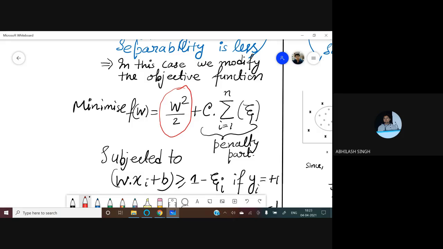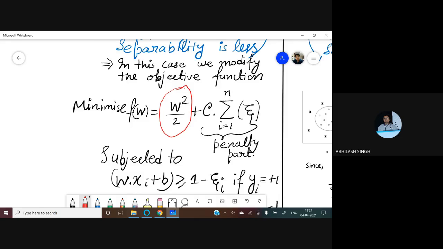So what we do here is we use C as a multiplier, and we use the concept of the slack variable zeta. What zeta will do is put a relaxation on that margin.